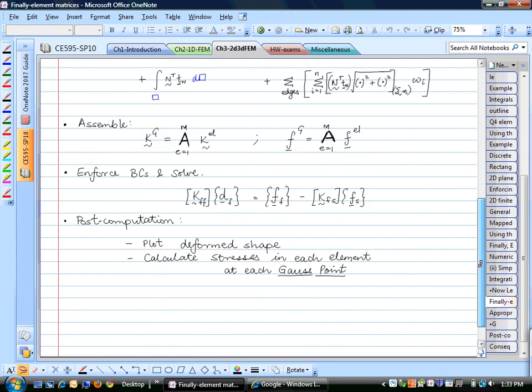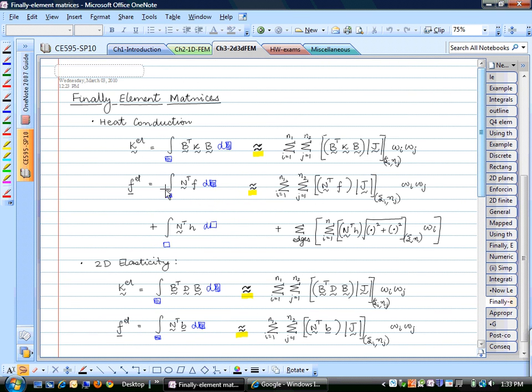And finally, once we have done all your Gauss quadrature, we said that k element, which is defined like this, will be approximately equal to this thing. This was the integrand for k element. And this determinant of J comes in because you are transforming this d area from the actual coordinates to the parent element.